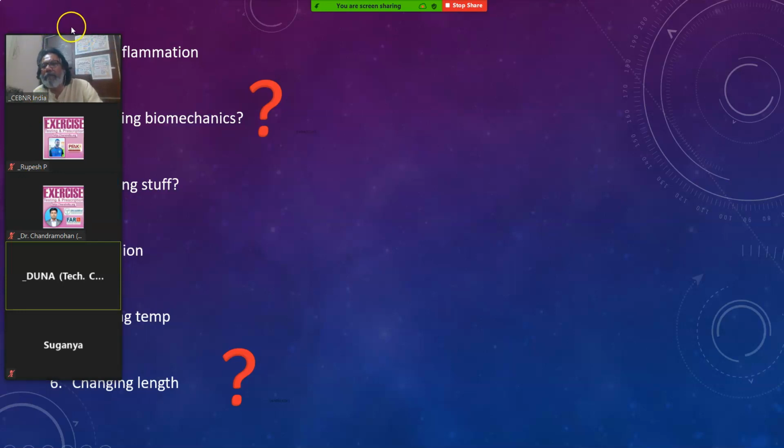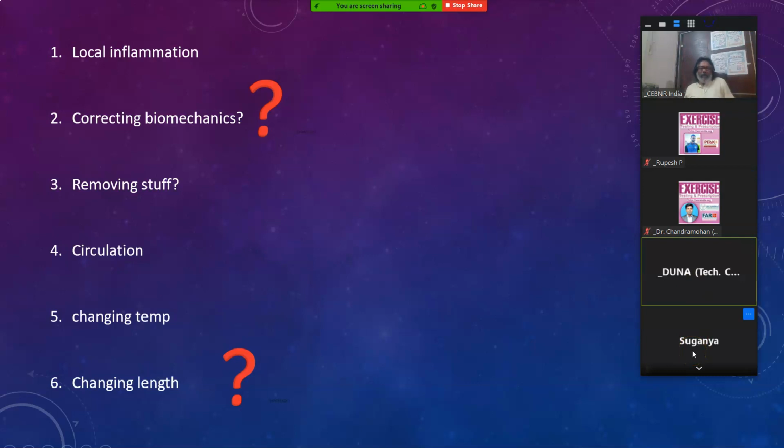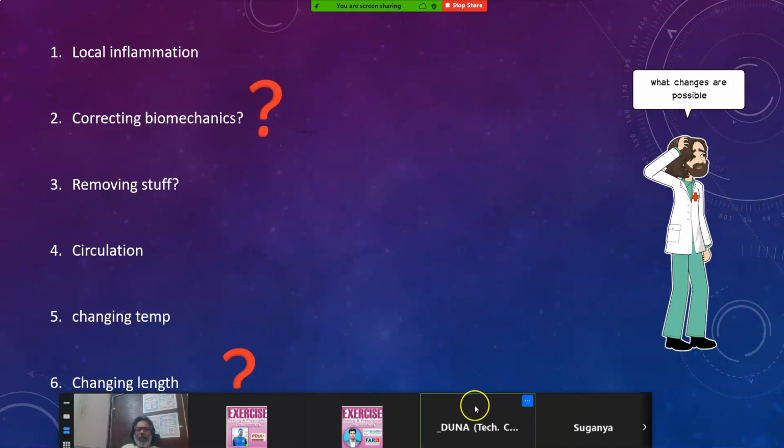So we'll just look into each question. What are the things which can be done? Now, if you look into the peripheral changes I have given, whether these can be changed, that's the first question I told you we need to ask.